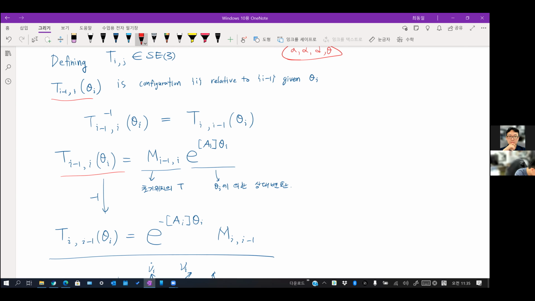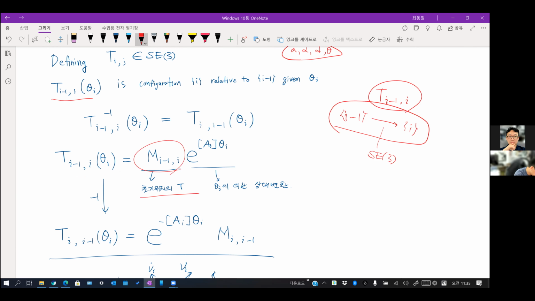So actually, this homogeneous transformation is the relative transformation from the i minus 1 frame to the i frame. So when we express this transformation, we can use T_{i-1,i}, and this one can be calculated using the zero position configuration.